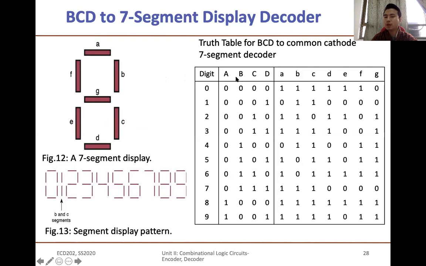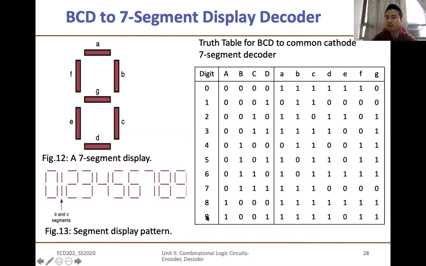On the input side, you have a 4-bit input ABCD. In order to display digit 0, which is equivalent to 0000, which LEDs should glow at the output? Every LED will glow except G. So this will be turned off, the rest will glow.